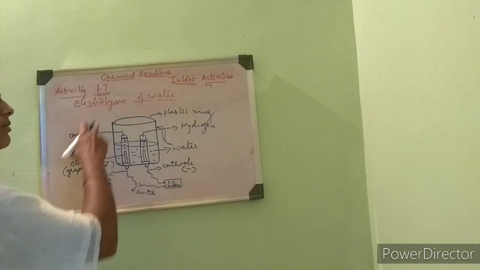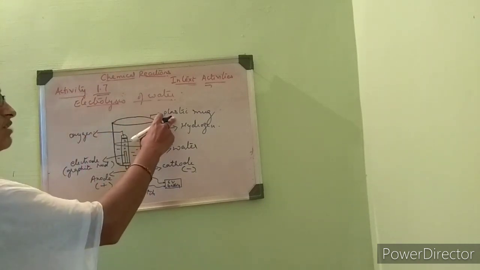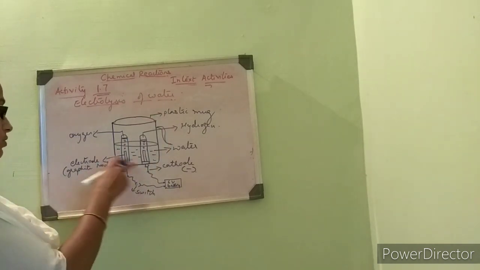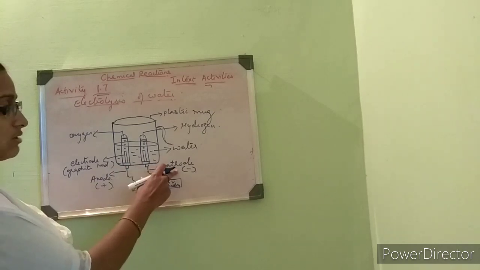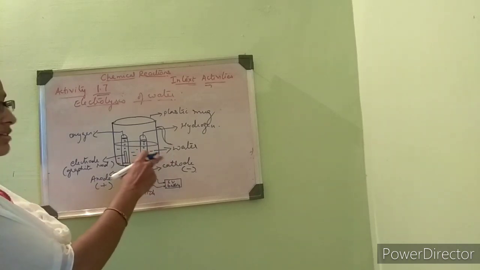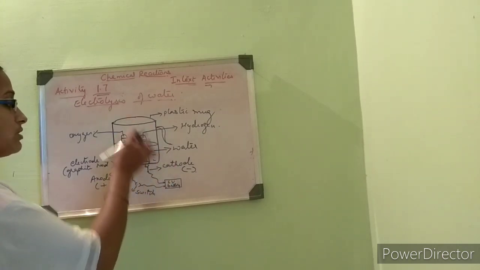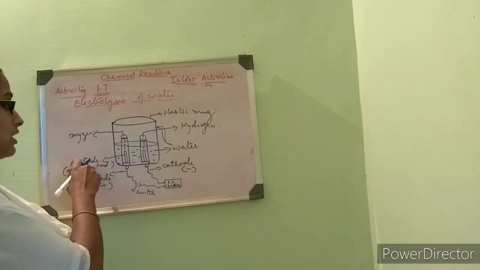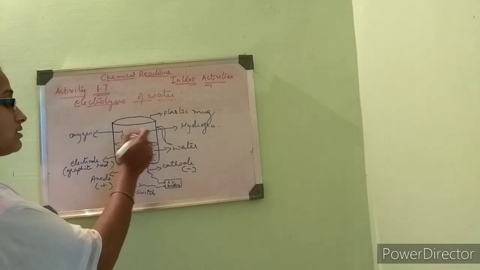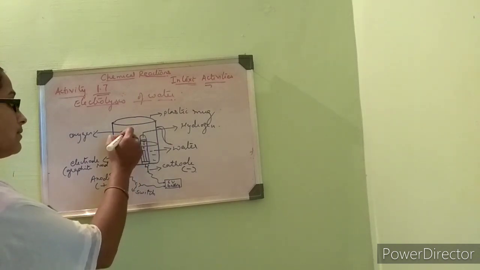This apparatus is made from a plastic mug with two electrodes inserted, the anode and cathode, the positive and negative terminals, and a beaker filled with water, and test tubes are inverted and put over these electrodes so that the gas gets collected at the tip of the test tubes.